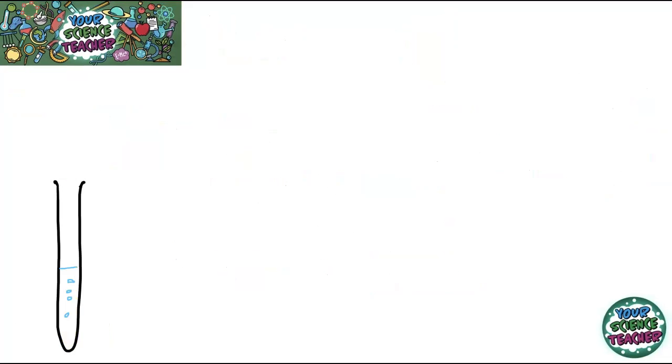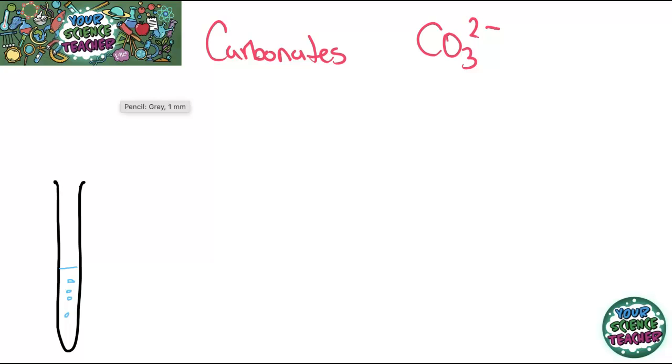Another negative ion you can test for are carbonates. And carbonates are CO3 2-. Now, the way to test for a carbonate is you would add hydrochloric acid. So let's just have a look at what that would look like. Let's just pick a random carbonate. Here I've got potassium carbonate, and I'm adding my hydrochloric acid.